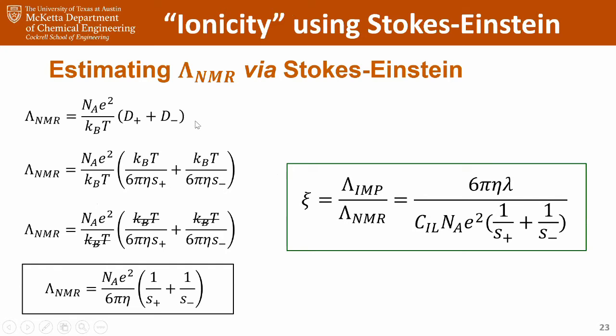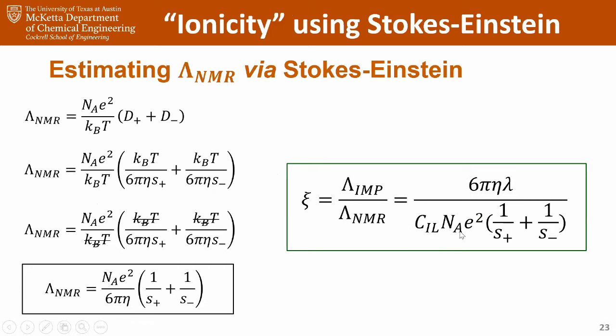So if you do this, getting the diffusivities, not from NMR, but from viscosities, we end up with this ionicity, the fraction of free ions, as being dependent upon the conductivity, the same as before. But now we need the viscosity. We also need the density, because for the conversion you need concentration, right?